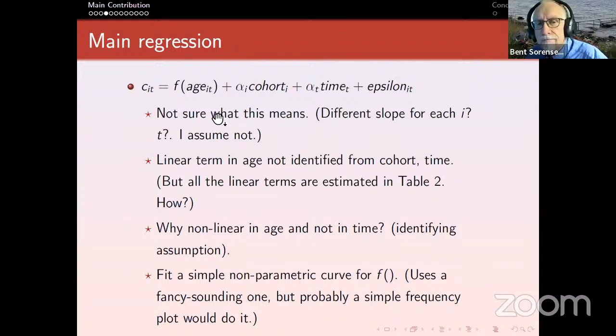Now, what's a little more conceptual is the identifying assumption that consumption is developing non-linearly in age, but linearly in time. For the US, it wouldn't worry me so much, but one thing you might worry about in India is that India is growing so fast, right? So there are lots of things changing in India.